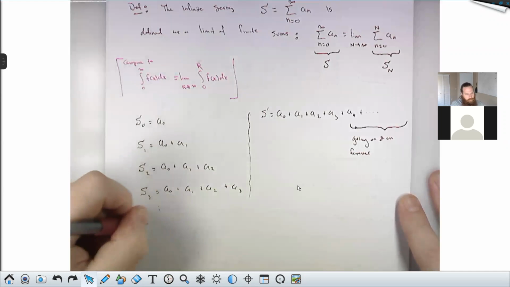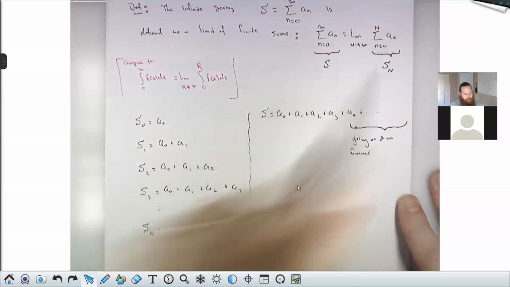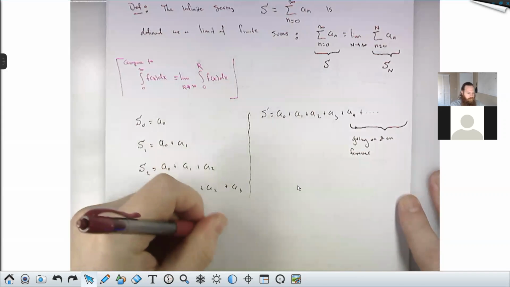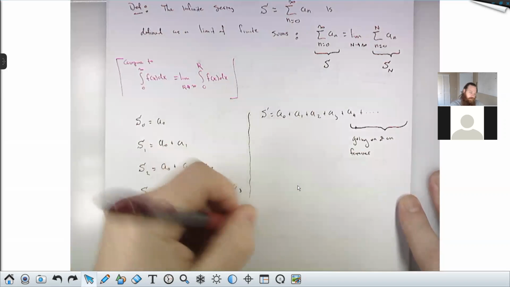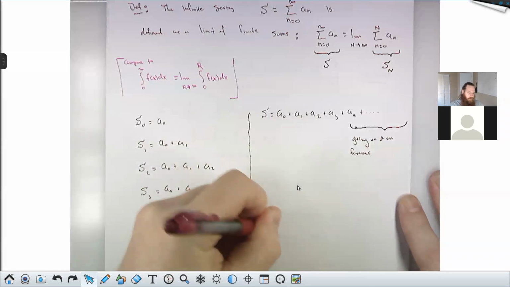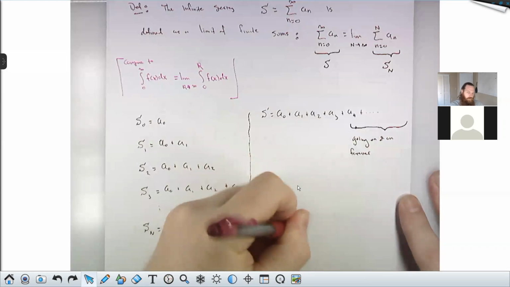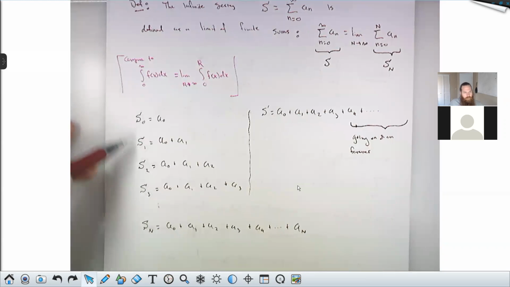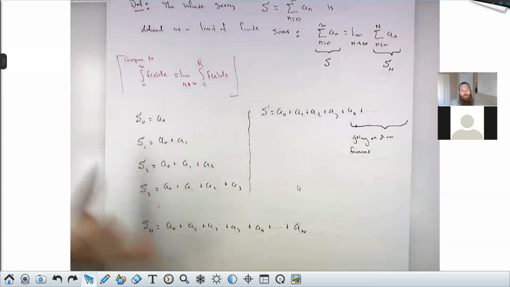Here, S sub n, which is this thing, is A0 plus A1 plus A2 plus A3 plus A4, going all the way out to AN. So if there's a reasonable way to define the sum of infinite length, it should be as a limit of these sums that get longer and longer as you go down.